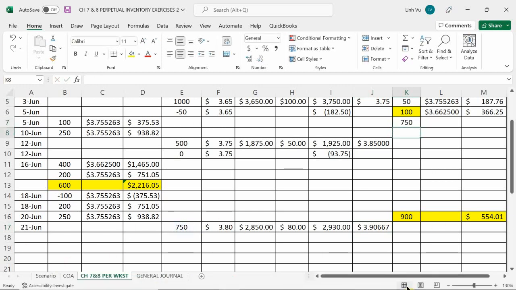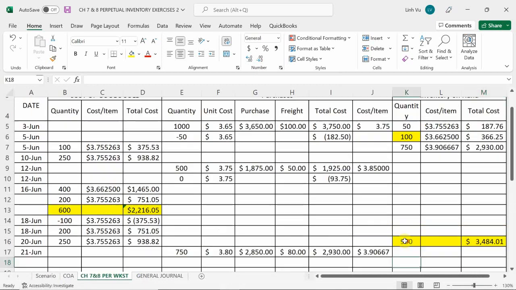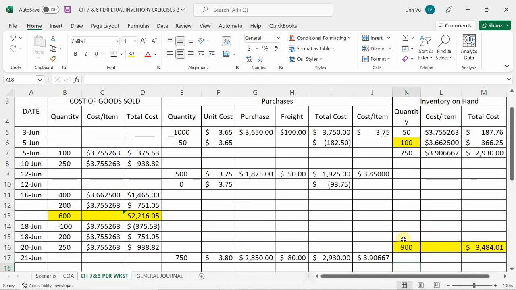Okay, I'm going to add that into my inventory on hand. So I have 750 units at $3.966666, which gives me the total of $2,930. Now I have a total of 900 units left: 50 from my very first batch of inventory, 100 which are my large cups, and 750 from the last purchase we just made.